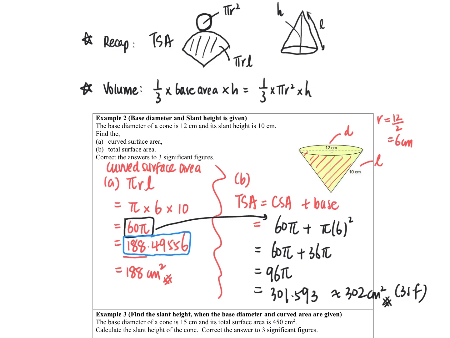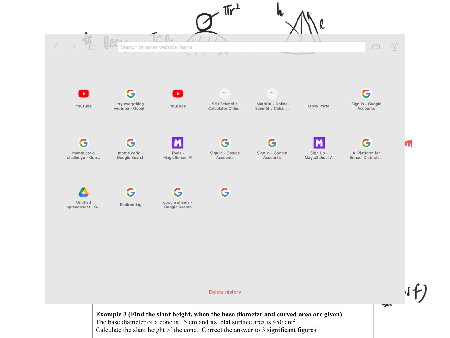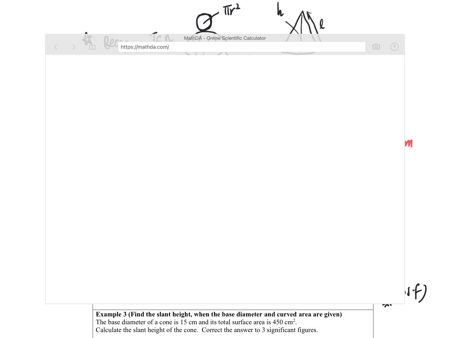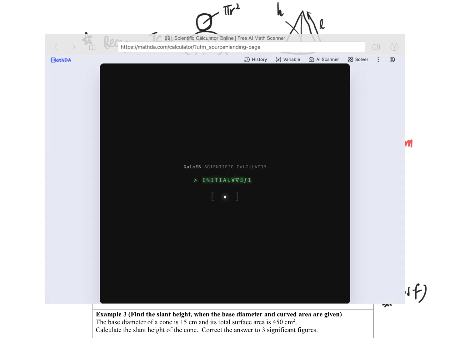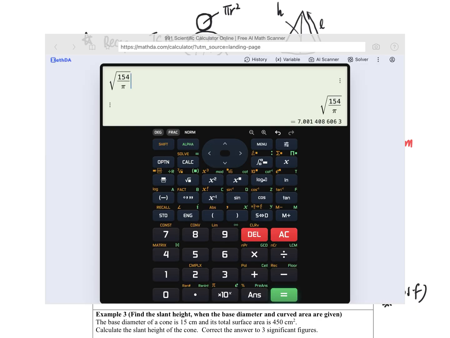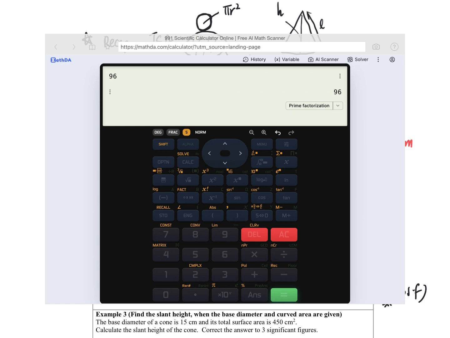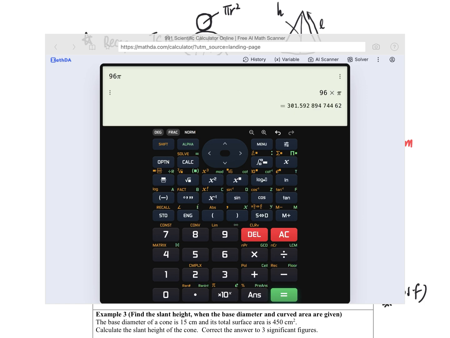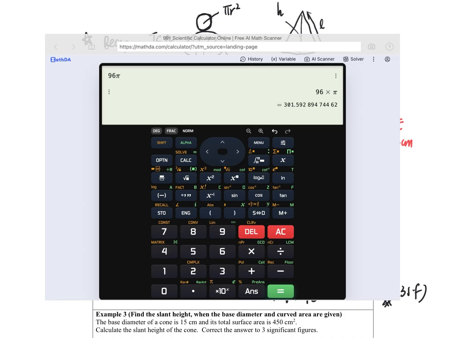So let me just show here. Okay, so 96 followed by the pi. The pi is over here, right? So you press the shift button, then the pi will pop up. Press pi. So this is the answer I want. Okay, 96 pi.